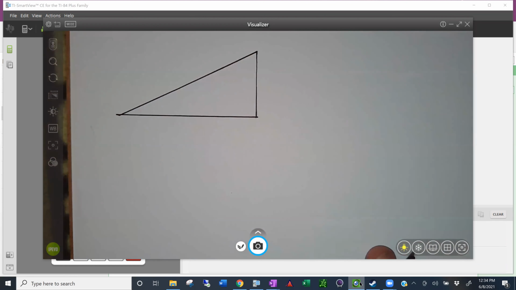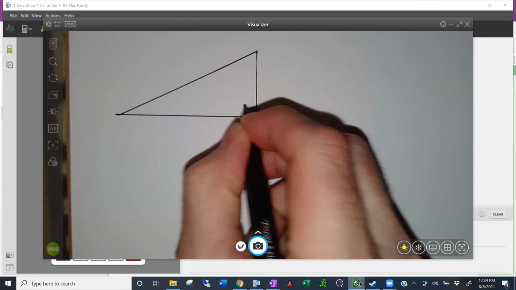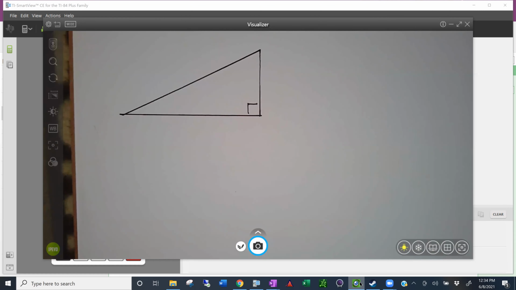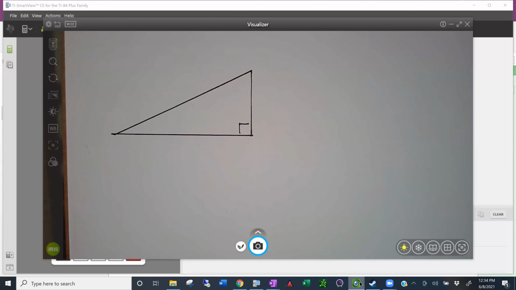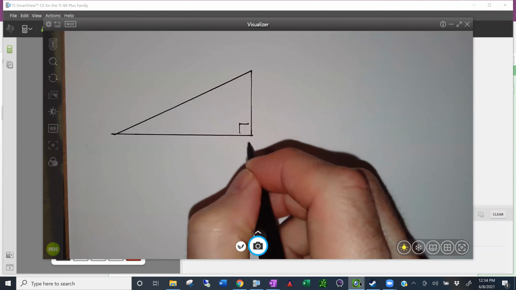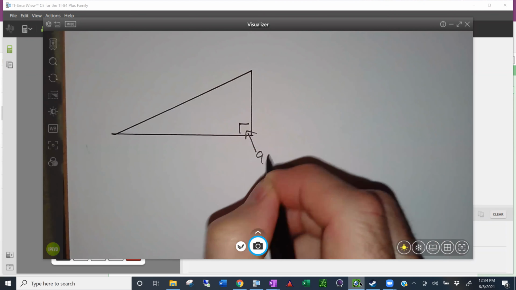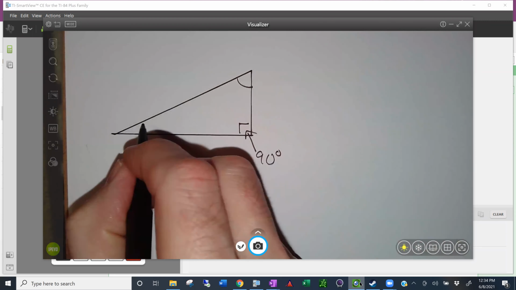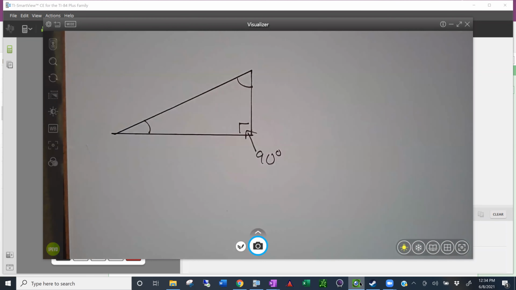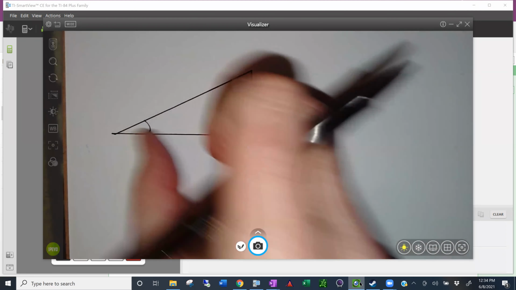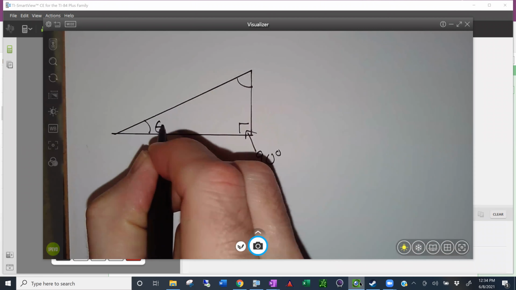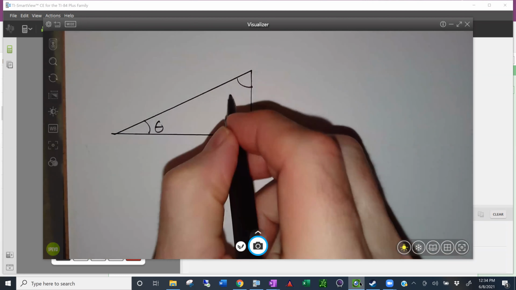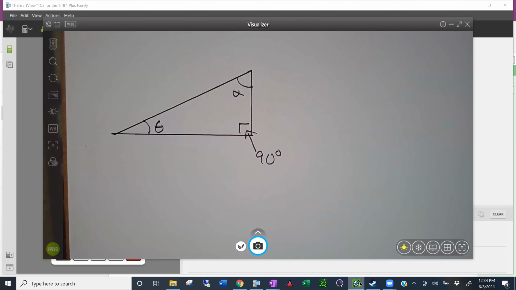Now, by drawing a little box here, what am I saying about this angle? 90 degrees, right? So that's 90 degrees. That means these other two also have to total up to 90 degrees, because 90 and 90 would be the 180. Now, if I call this theta and I call this alpha, let's understand the relationship between theta and alpha.